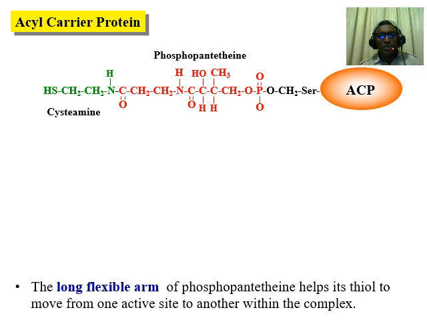You also have the phosphopantetheine, which is actually made from vitamin B, and then you have the big, huge part of the acyl carrier protein that is up to 10 kilodalton. So that's big.